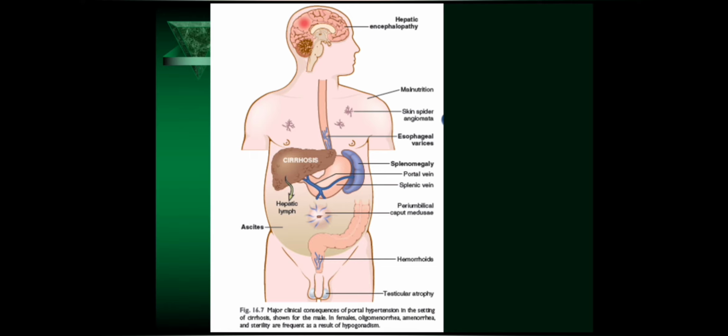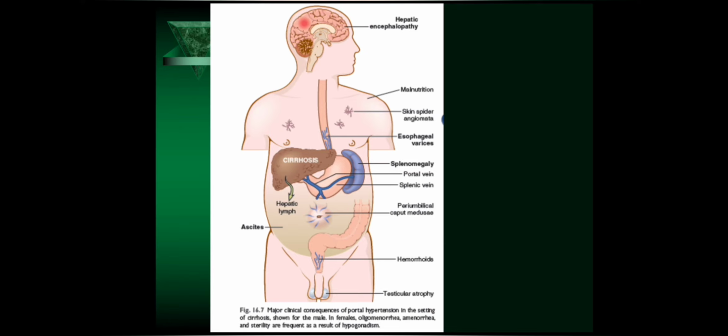In examination, they can give you a question such as: a 50-year-old alcoholic male came with a chief complaint of drowsiness and hepatomegaly, splenomegaly along with ascites.